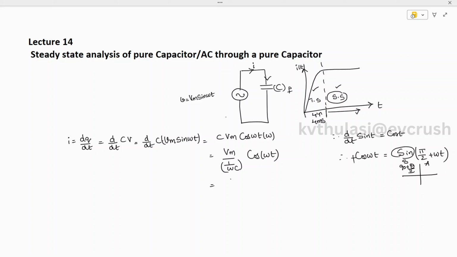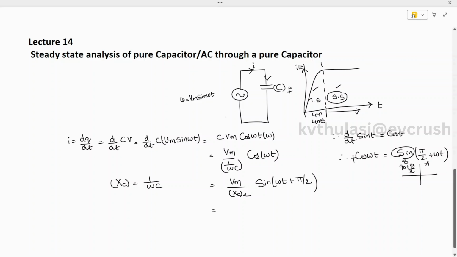So this I am going to write as Vm divided by Xc, where 1 by omega c is Xc ohms, and cos omega t I can write as sine of omega t plus pi by 2.